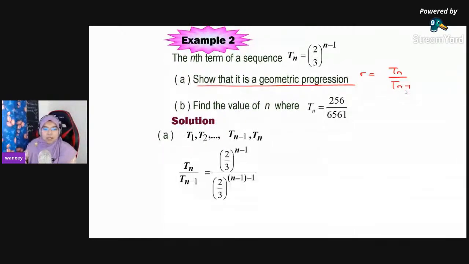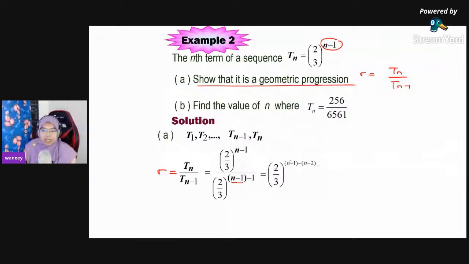So r, the common ratio, is Tn over Tn minus 1. Tn is 2 over 3 to the power of n minus 1. If you have Tn minus 1, we replace the n with n minus 1, so we get n minus 1 minus 1. Simplify them, you get n minus 1 minus n minus 2.